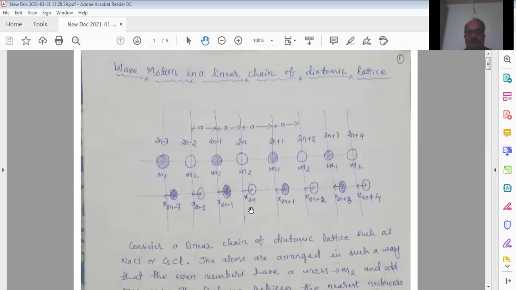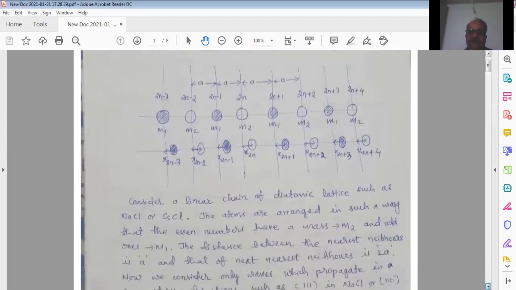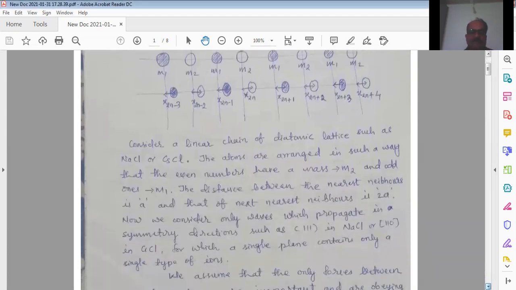So x2n plus 1 is the displacement of this atom to this position, and x2n plus 1 is the displacement of the atom 2n plus 1 to this position. In this way, all the atoms get displaced through some distance. So this is what happens in the case of the diatomic lattice.